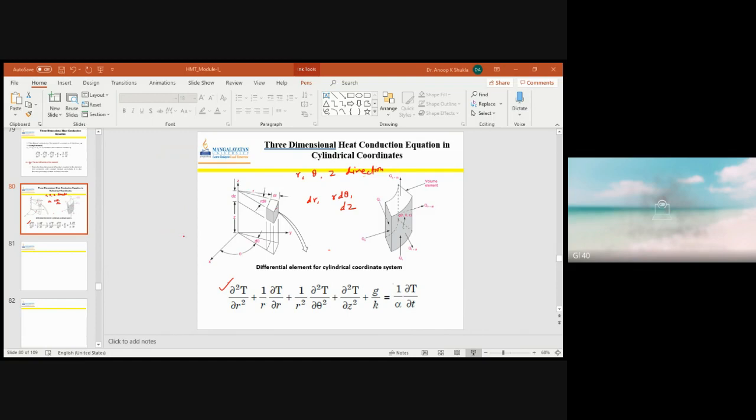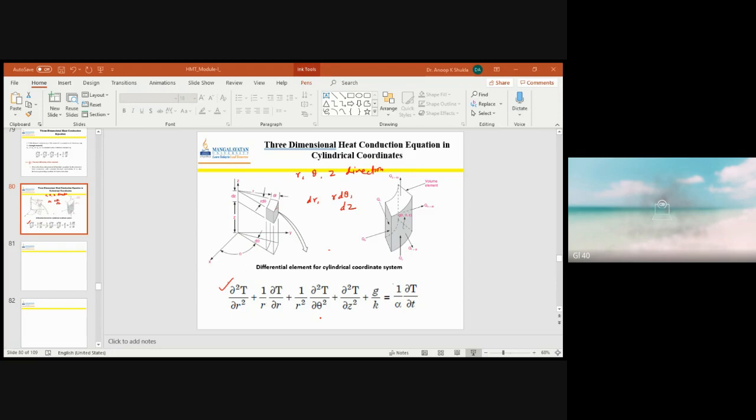And we can also write this equation by taking 1 by r del upon del r and combining r del T upon del r. Both equations are similar, and if there is no heat generation, so our equation becomes simply del upon del r of r del T upon del r equals 0.